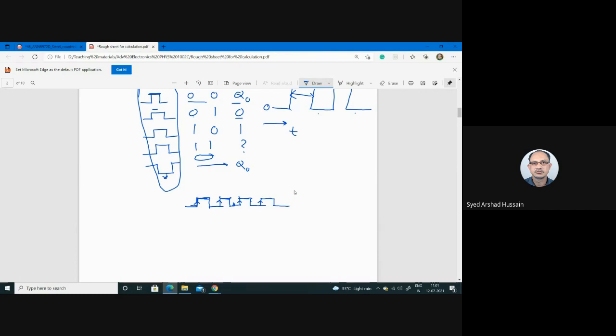Just by observing this arrow, you can say that yes, this is a positive edge-triggered flip-flop. It means the output will change based on the inputs during the transition of the clock pulse from 0 to high. Again, there can be another one like this, like this.